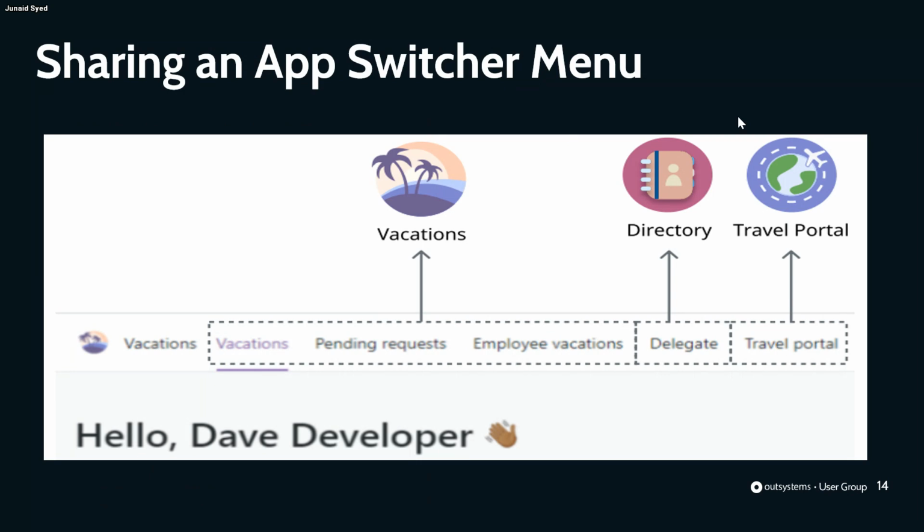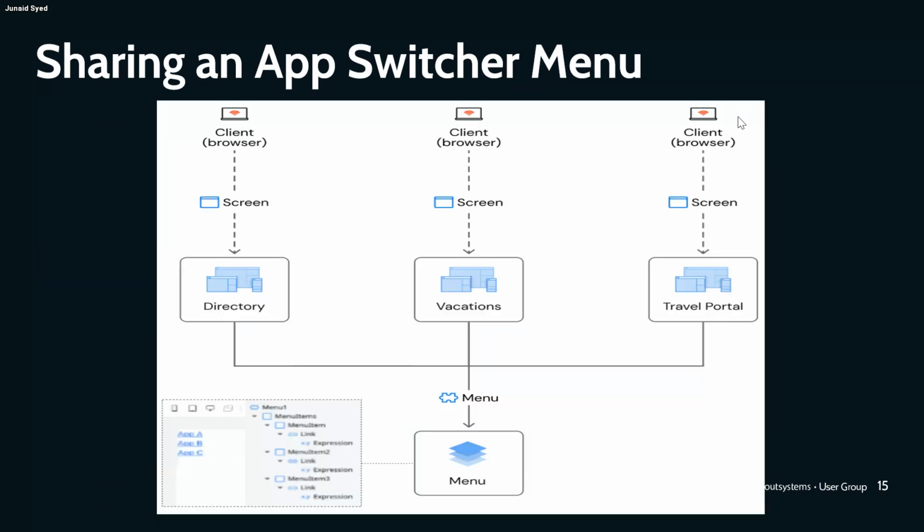So this is another use case, and here is how we implement that. We have three applications: directory, vacations, and travel portal. All three are using a library called menu, which gives them the app switcher menu we just saw in the previous slide.